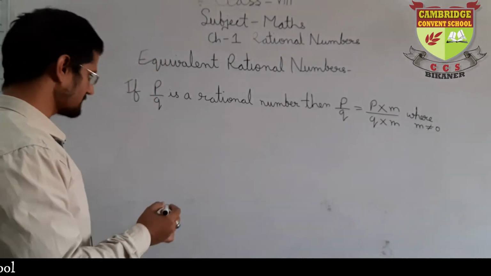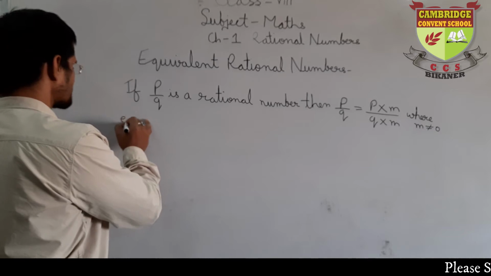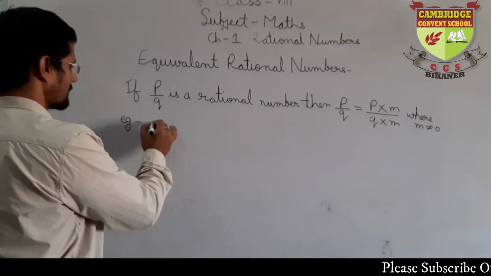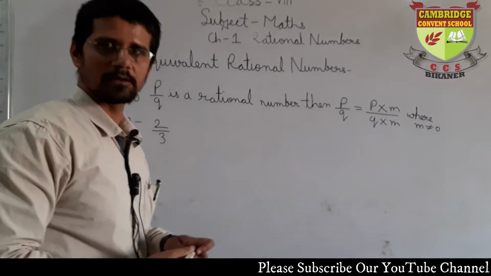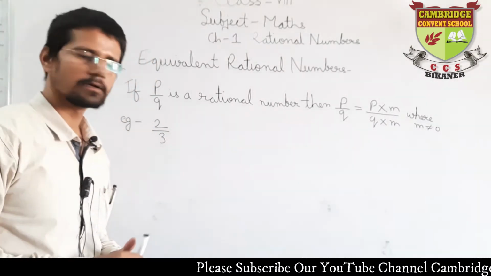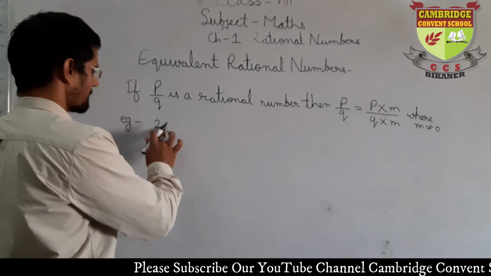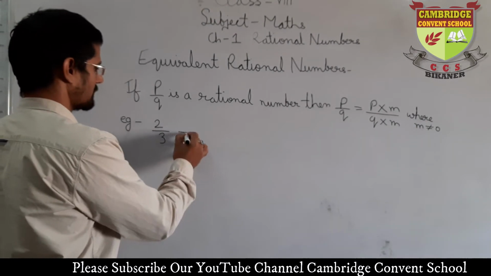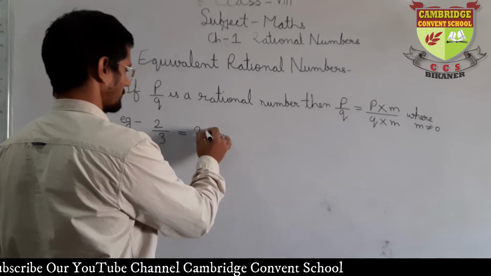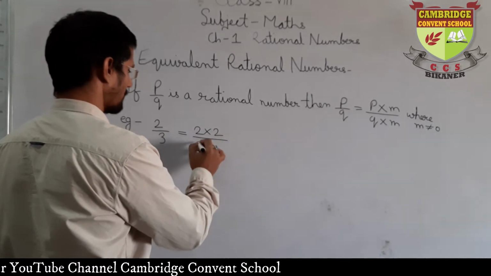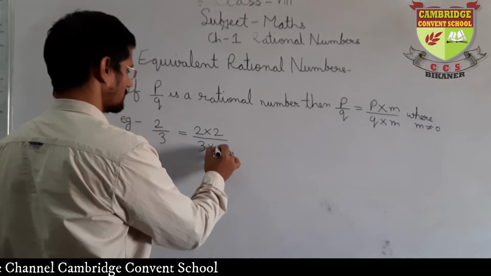What does this statement mean? Let's look at the example 2 upon 3. If we have a rational number 2 upon 3, its equivalent rational numbers are 2 into 2 upon 3 into 2.